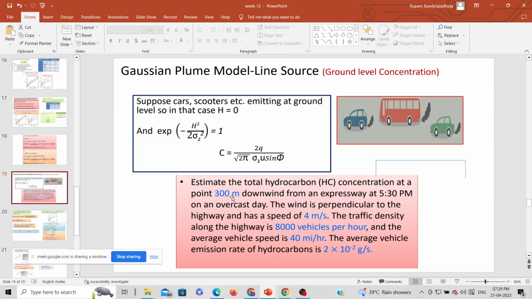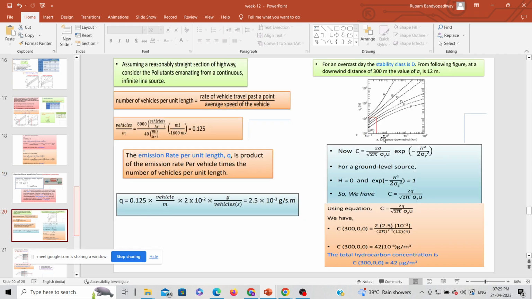The concentration is needed at about 300 meters, so from this plot, at 300 meters, what will be the sigma z value? You can find it from here.